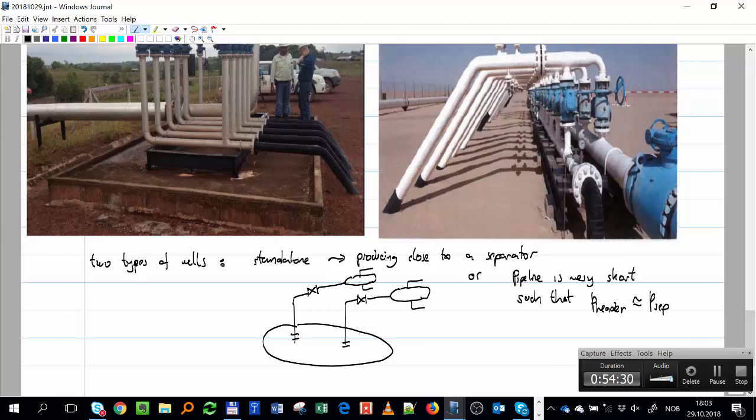Okay. The pipeline is very, very short, such that I can say all of the wells have the same header pressure, because the pipeline is very short, and essentially it has the same effect as if I was producing each one to their own separator.